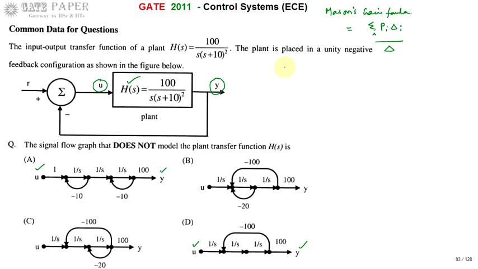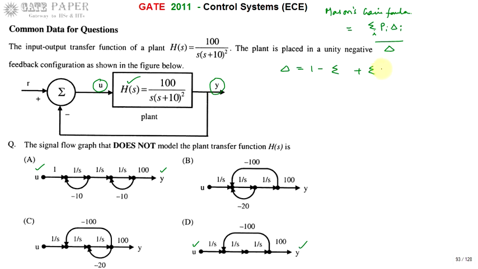And this denominator delta can be calculated as 1 minus the sum of individual loop gains, plus the sum of products of two independent loop gains. If any two loops are independent of each other, not touching, and don't share a common node, then you take the product of those two loop gains.